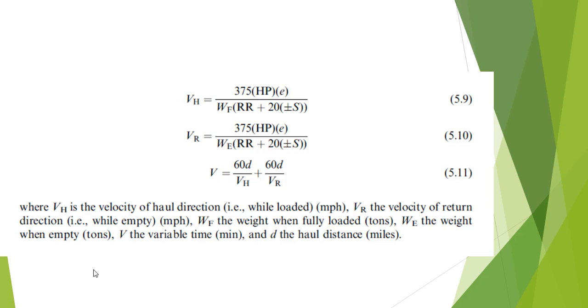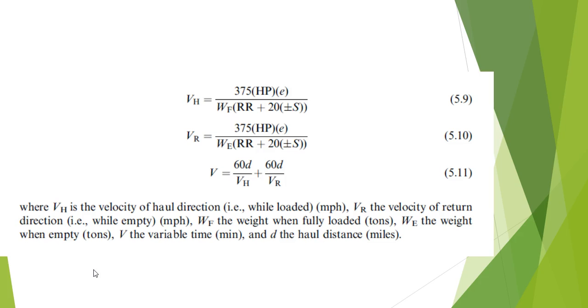So if we go back to our earlier equations and modify them based upon that, we see a similar equation in this case too, where we just have fixed and variable time. Here VH is the velocity in the haul direction while loaded. VR is the velocity in the return, or empty, direction.